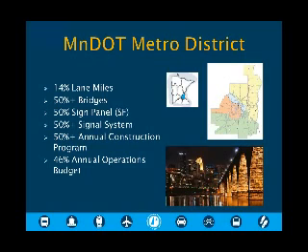And Metro District has about 14% of the state lane miles, so we've got a lot going on right in the Metro. And we've got over 50% of the bridges. We've got to get things up and over all these other highways because there's a lot of population here in the Twin Cities area.